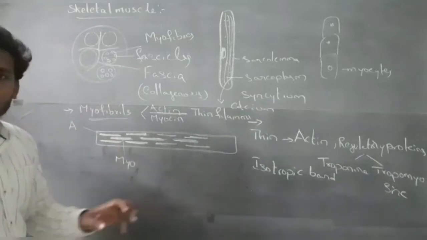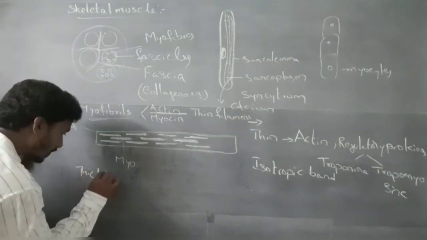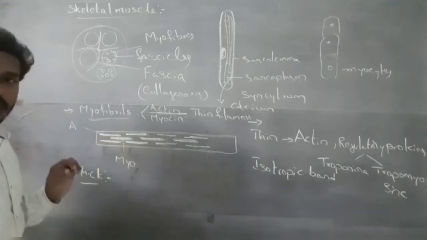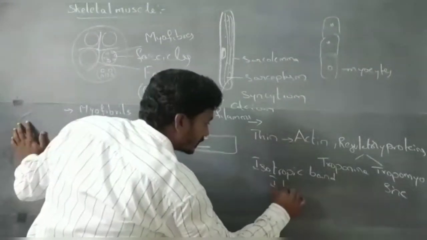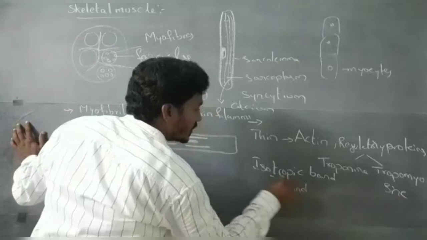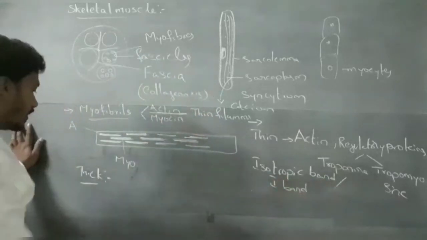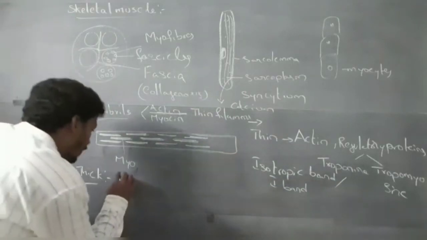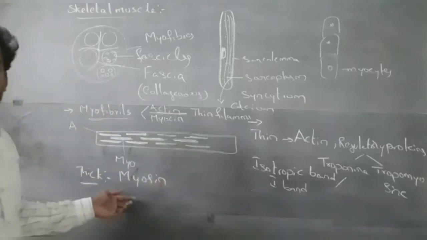This is the thin filament, the isotropic band or I band. Next, the thick filament. The thick filament contains myosin protein.